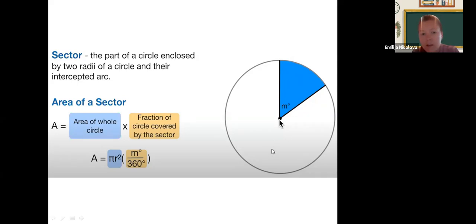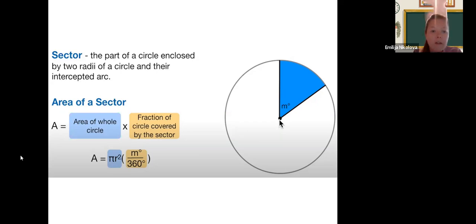How can we find the area of the sector? It will be the area of the whole circle times the fraction of the circle covered by the sector. The formula for the area of a circle is pi r squared.